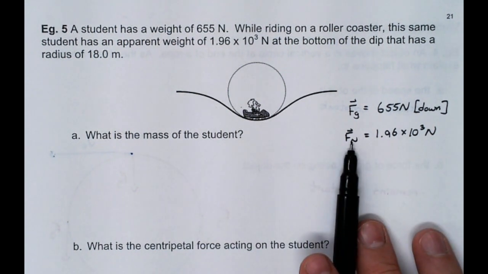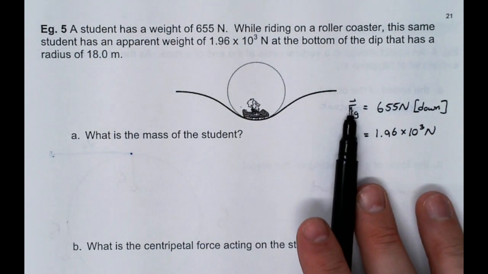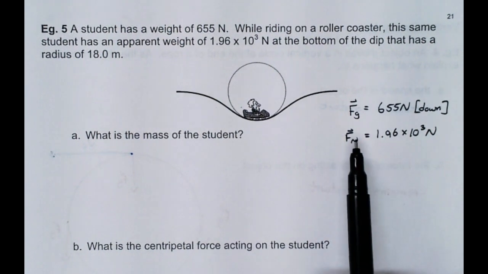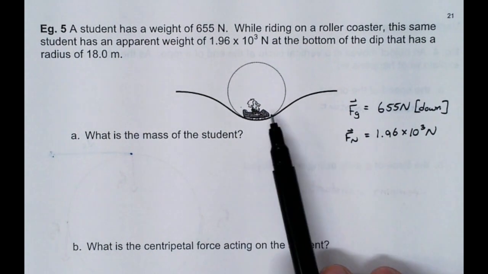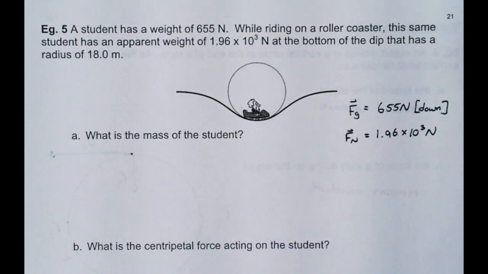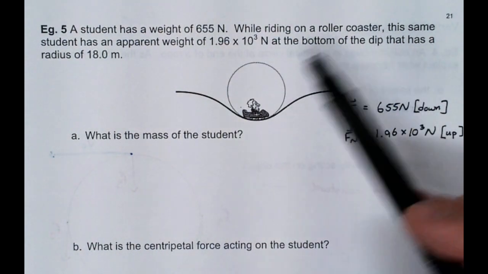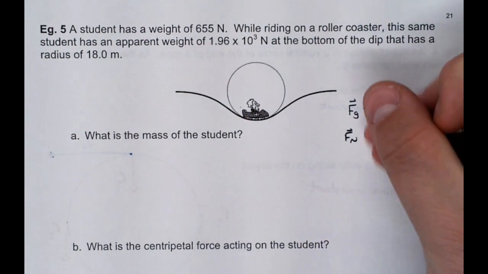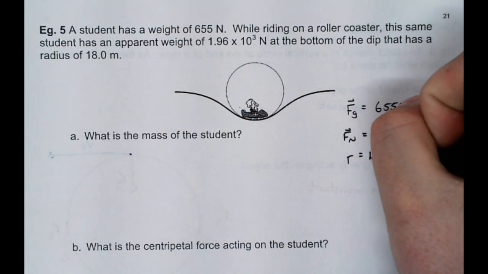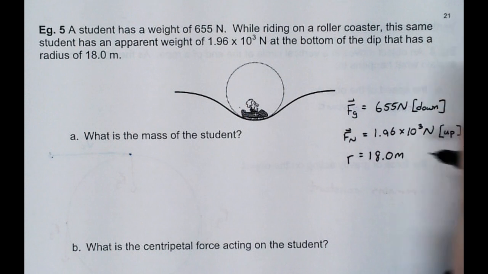Remember, the normal force always acts perpendicular to the surface. So it is going to be acting up since the surface is below. The other piece of information that we're given is that this loop-de-loop has a radius of 18.0 meters.